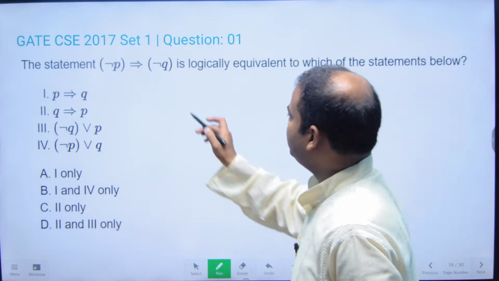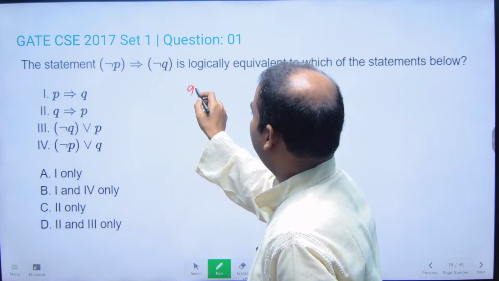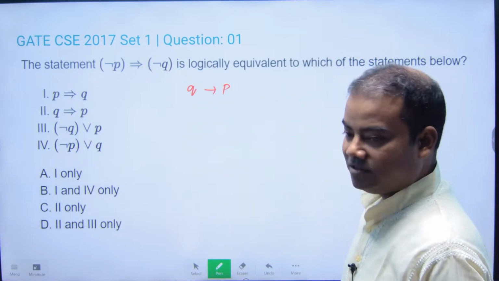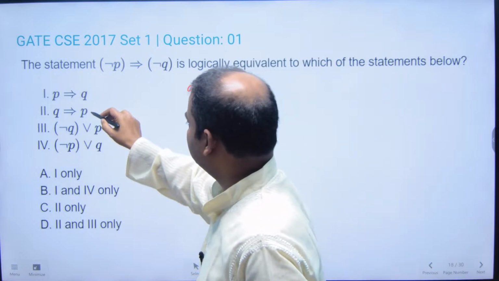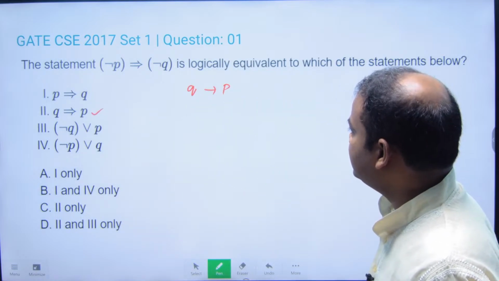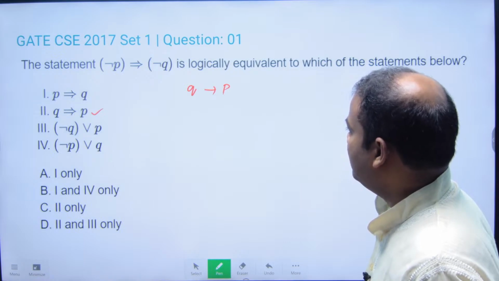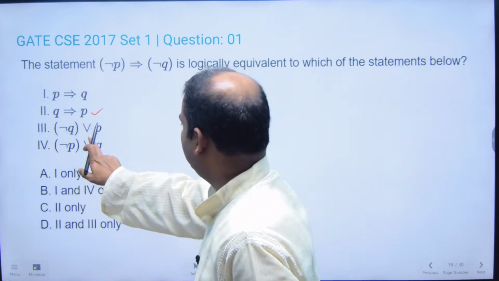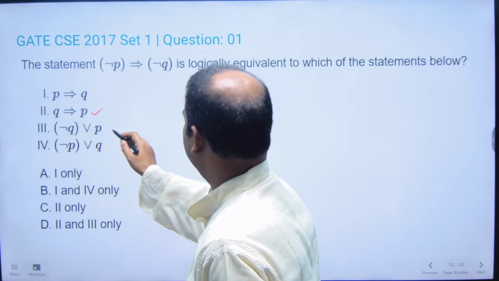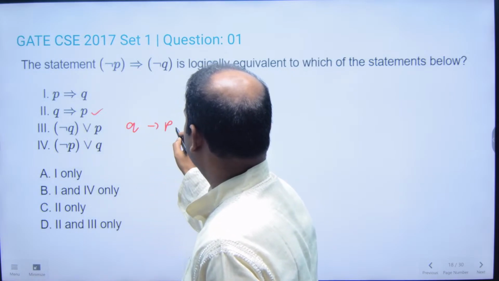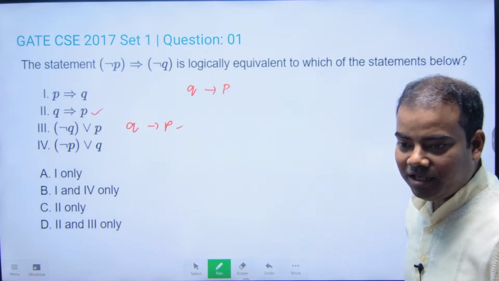Yes, the contrapositive is this Q. So the contrapositive is this one. So this is correct, the second is correct, and is anything else correct? What is this? This is actually also, this third option is also the same thing.